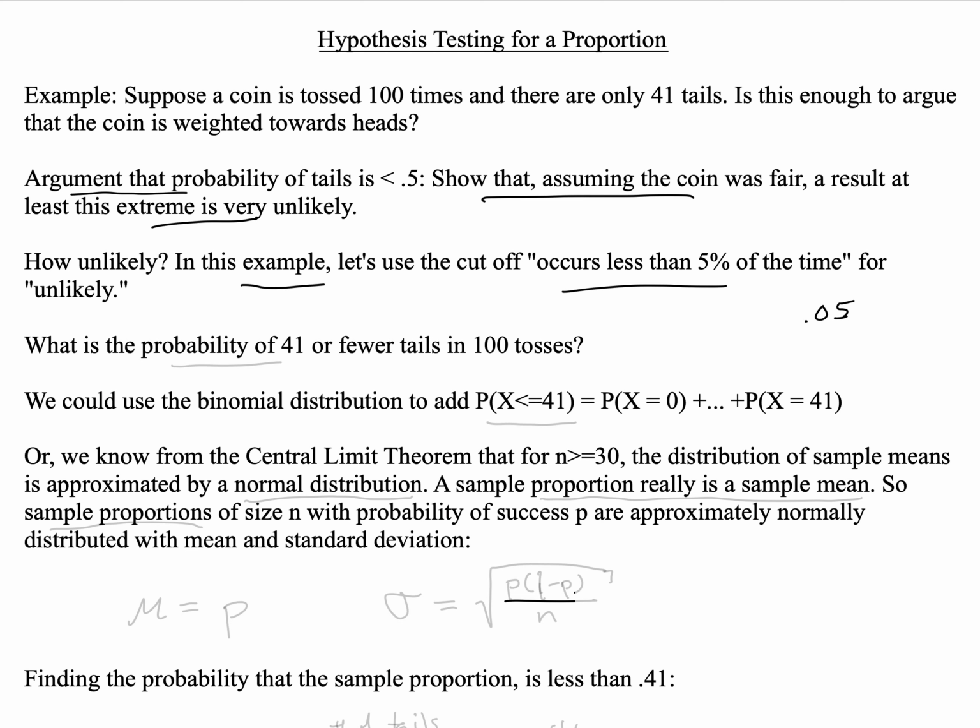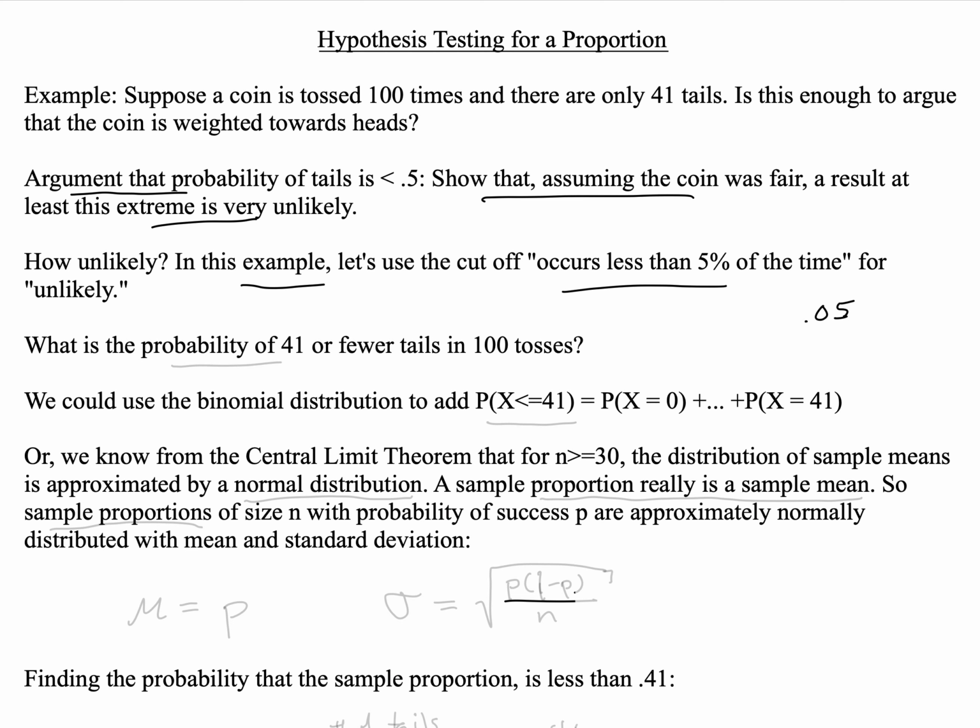If we do that calculation, we'll end up with a standard deviation of 0.05. So we're looking for the probability that, with a mean of 0.5 and a standard deviation of 0.05, and this being normally distributed, we get a result of 0.41 or less.